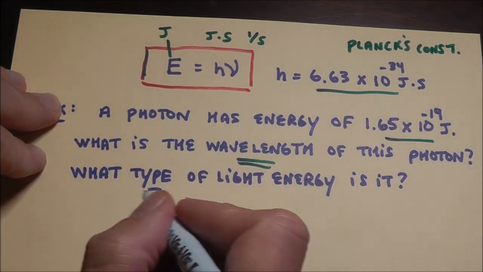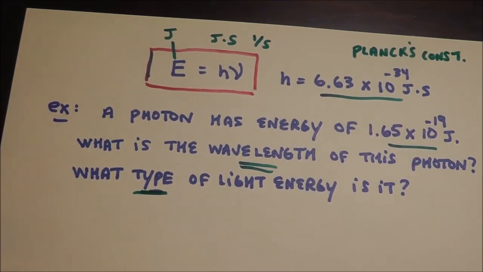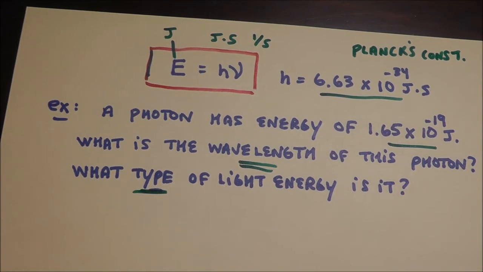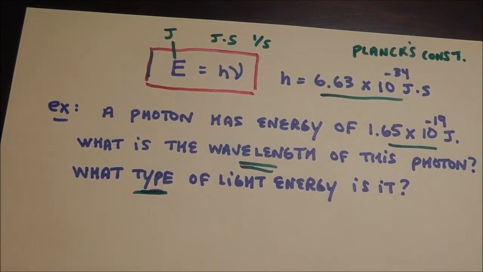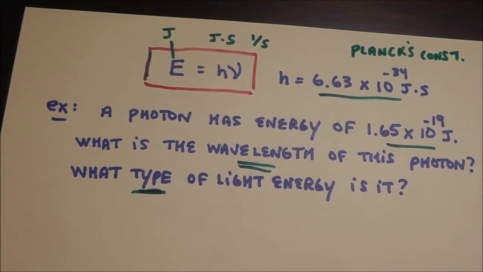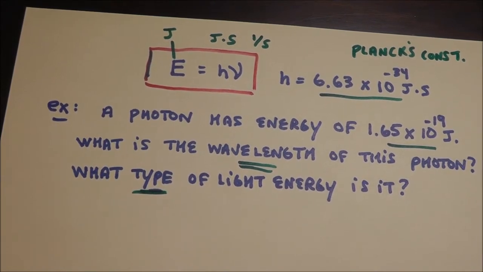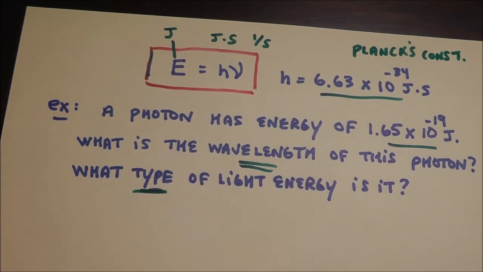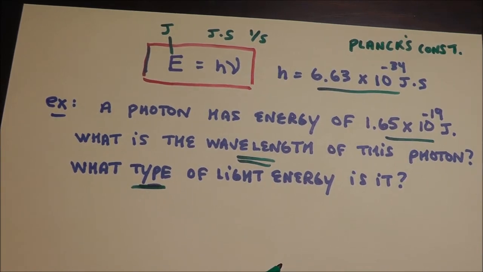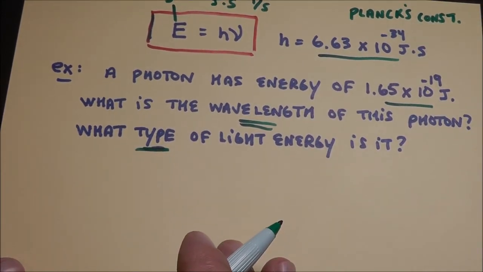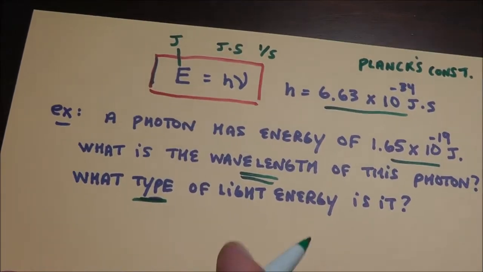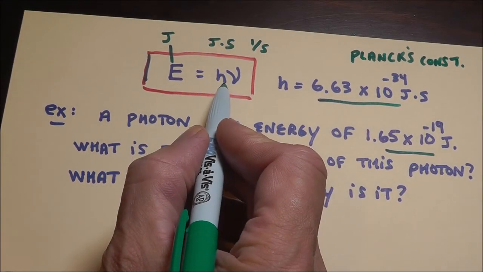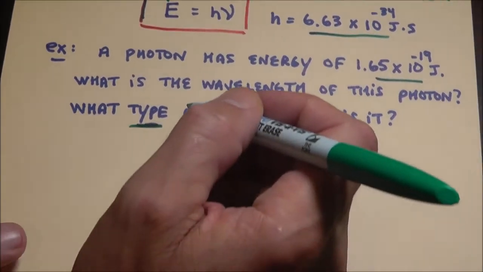And then if you can find the wavelength, you can find out where it lies on the electromagnetic spectrum. Is it in the visible range of 400 to 700 nanometers? Is it outside of that range? Which side is it? Is it higher, lower? We'll find all that out, but just take it one step at a time.